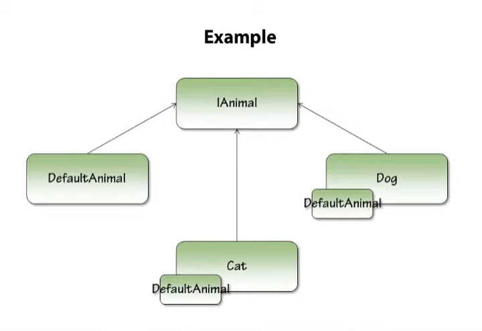Each one of them could contain a default animal, still implementing this animal interface, and then when they want to, for example, eat, they can just call defaultAnimal.eat and return the result of that. And if they want to do something special, they could just not call the default animal eat, and they could provide their own implementation. This gives you kind of the best of both worlds. You can both reuse the code inside this default animal class, but instead of using inheritance, you're using composition here.